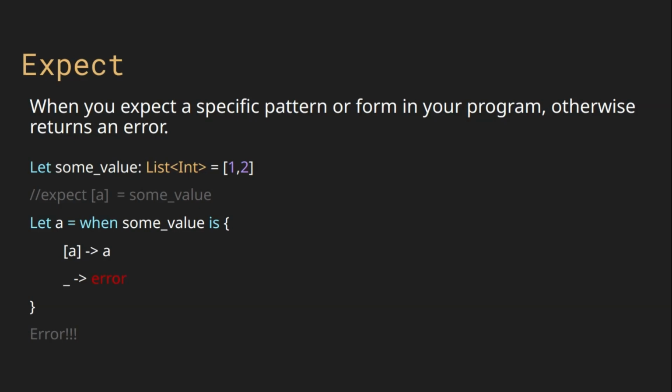So as you may see, the expect keyword is like a syntactic sugar of a pattern of a when is expression. Probably the Aiken maintainers saw that this programming pattern was so common that they wanted to abstract it by creating the expect keyword.